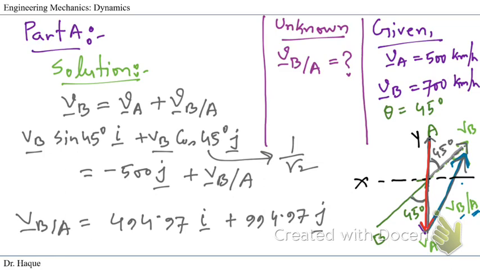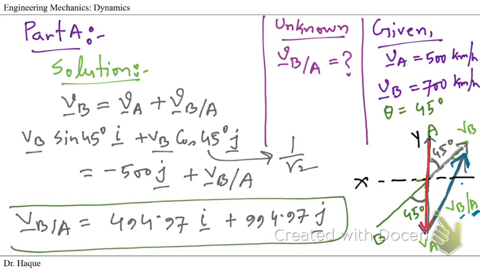So this will be our velocity in vector form. Let's find the magnitude and the angle of this relative velocity.